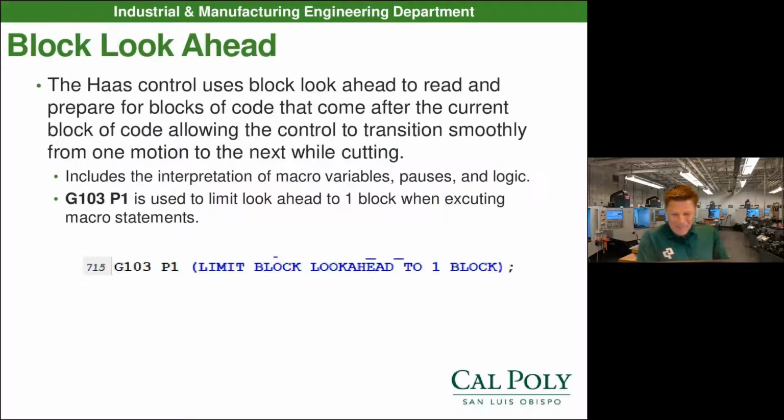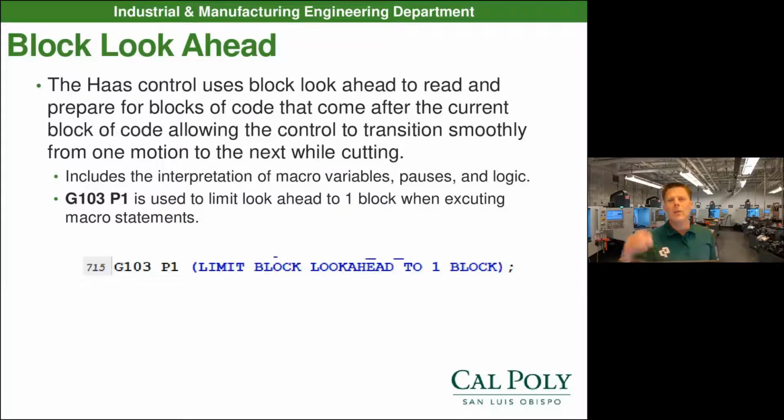So now, number one thing, when we are doing logic here, we want to turn our block look ahead off. When we start to do macro programs and we're going to do a little bit of logic, the Haas control looks at 20, 25 lines ahead. I forgot the actual number, but it's looking ahead a bunch of lines.